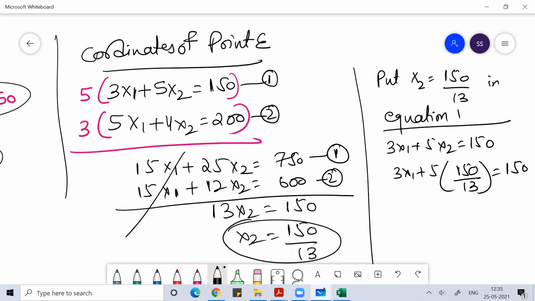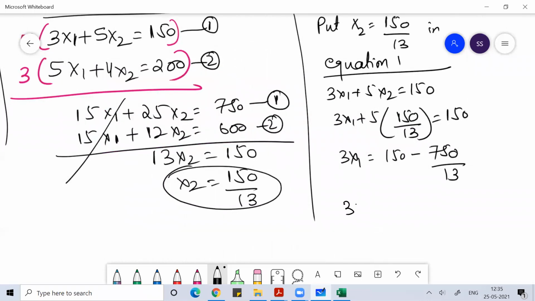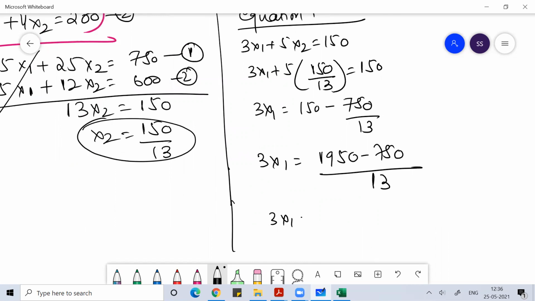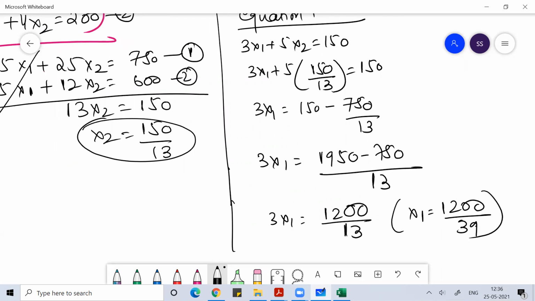You can solve this. 3x1 is equal to 150 minus 750 by 13. 15 into 13 is 195, so 3x1 is equal to 1200 by 13. So x1 is equal to 1200 by 39.